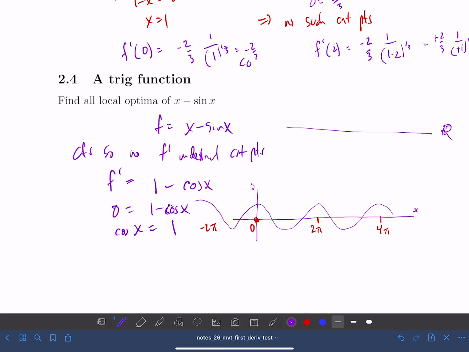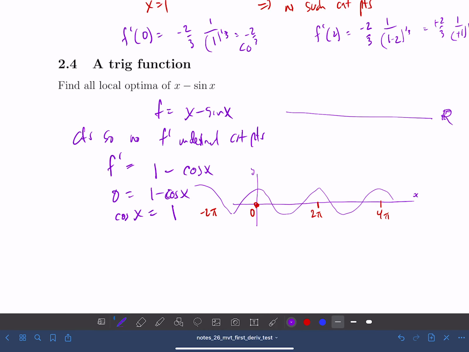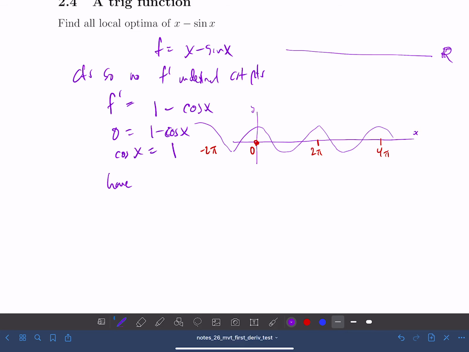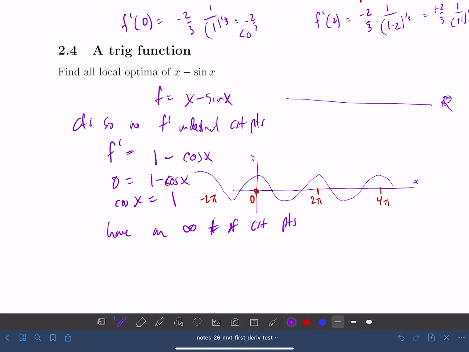So interesting behavior on this function is that we have an infinite number of critical points. Okay, so let's mark those.